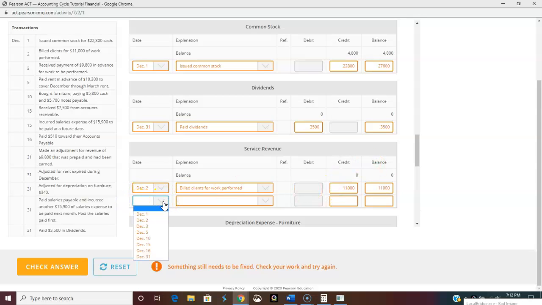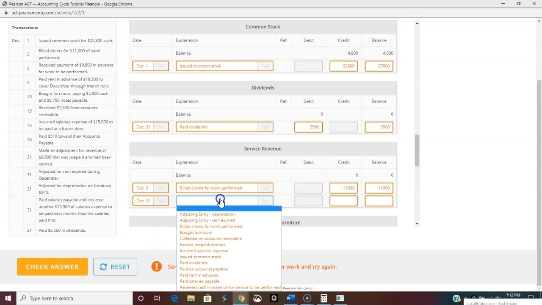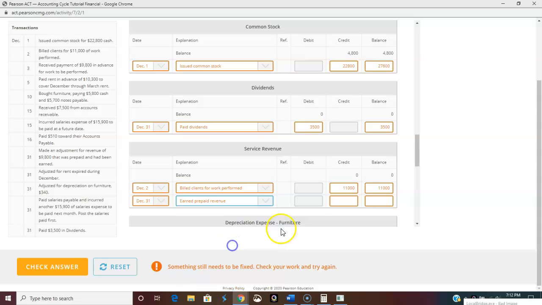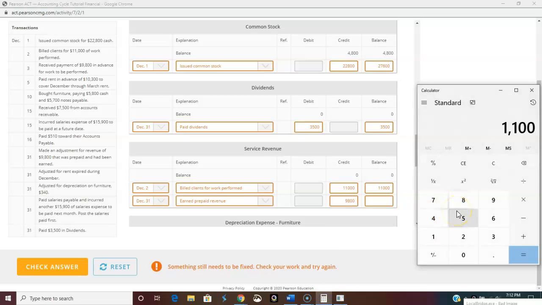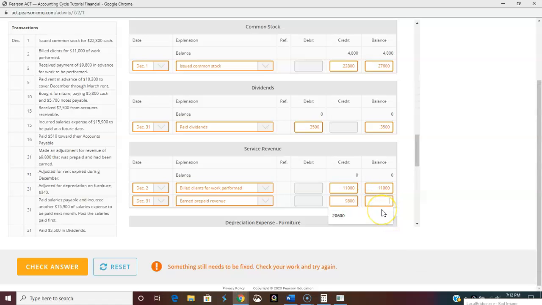It should be did work and build, I guess. And then we've got another one down here that we did the 9,800 on the 31st. Earned prepaid revenue, 9,800. So if you add the 2 plus 9,800, you're going to get 20,008.